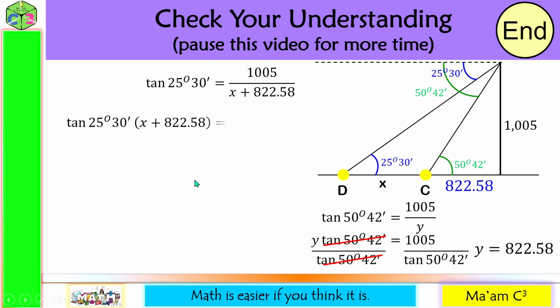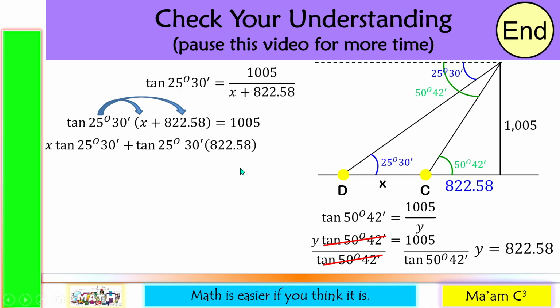Cross multiplication, distribute tangent 25 degrees 30 minutes. So this is x tangent 25 degrees 30 minutes. This one is tangent 25 degrees 30 minutes multiplied by 822.58. Copy 1005. Let us solve this one first, and it is equal to 392.35.